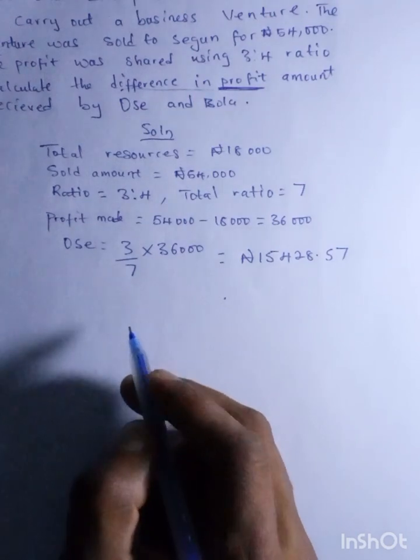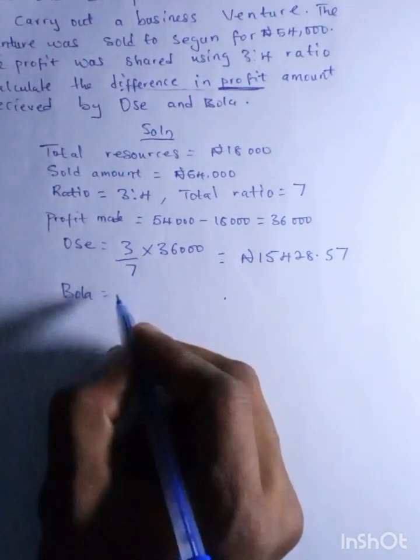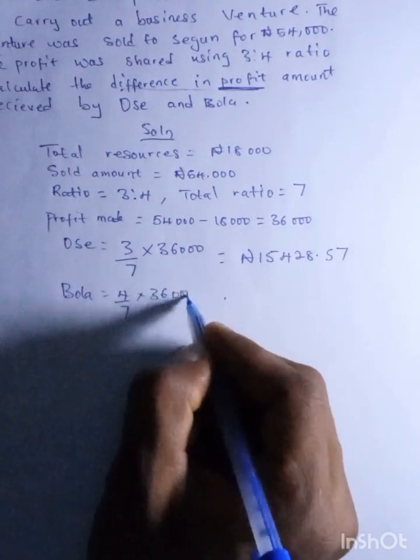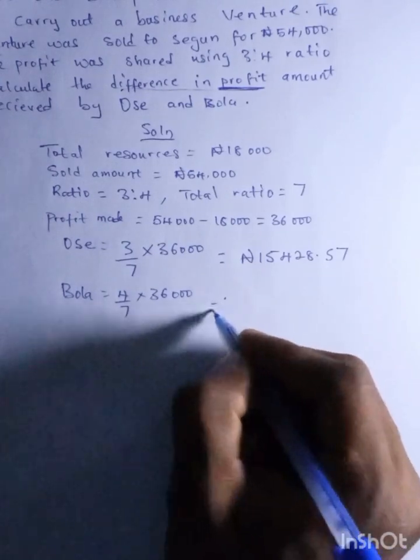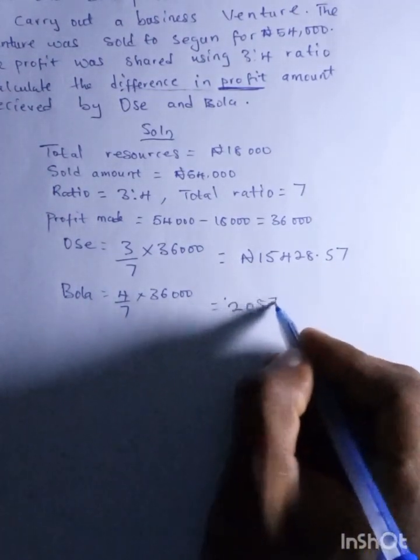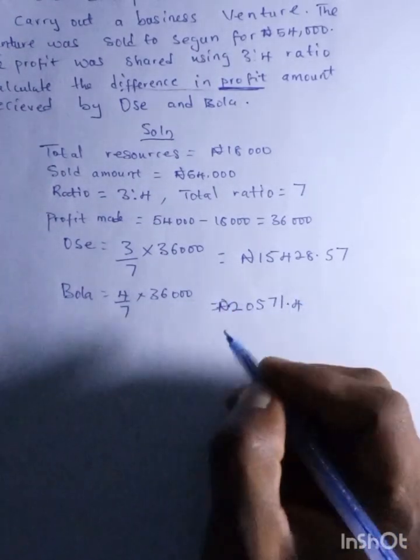Now the next person is Bola. His ratio is 4, so we have 4/7 times 36,000. So Bola receives 20,571.4 naira. So that's the profit he received.